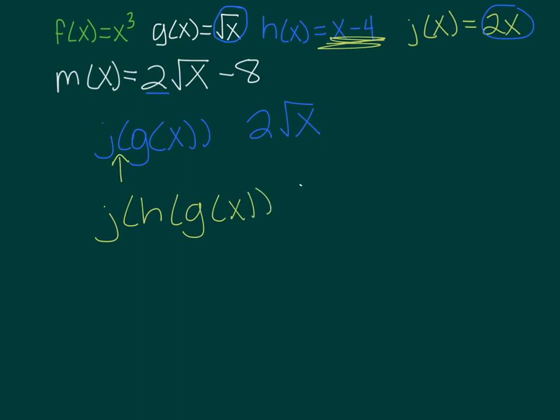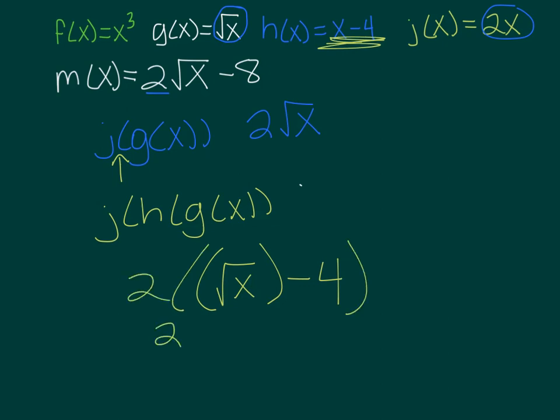Let's see what that looks like. The g is the square root, into the h, which was x minus 4, into the j, which was 2x. So if I do that, then I do get 2 root x, and I have to distribute the 2, so minus 8. So that works, j of h of g of x.